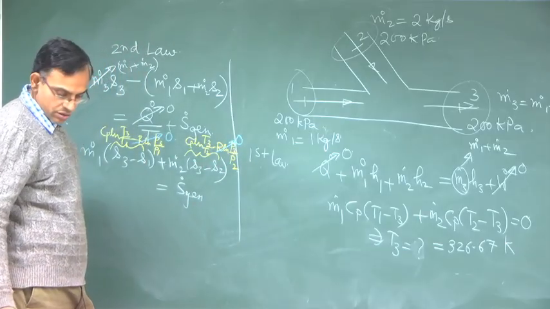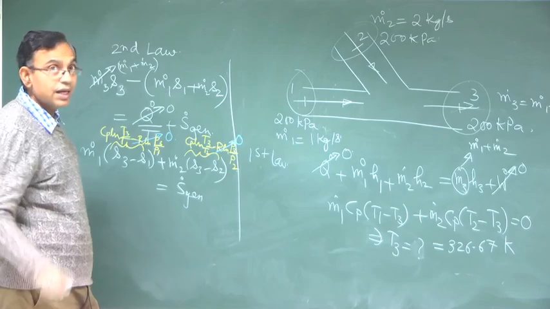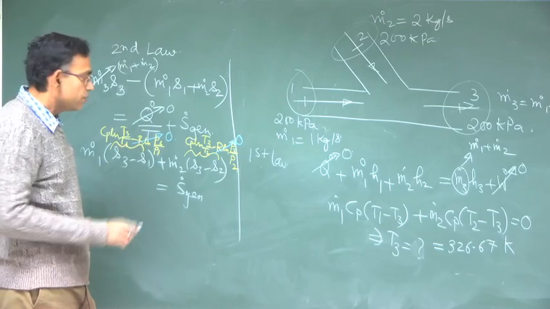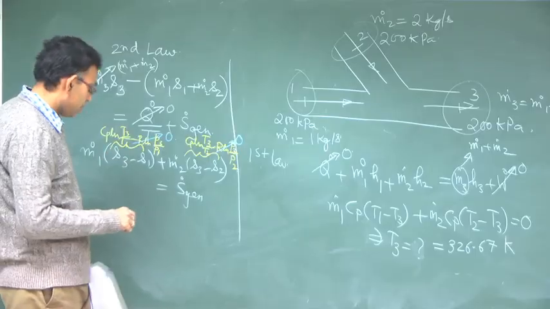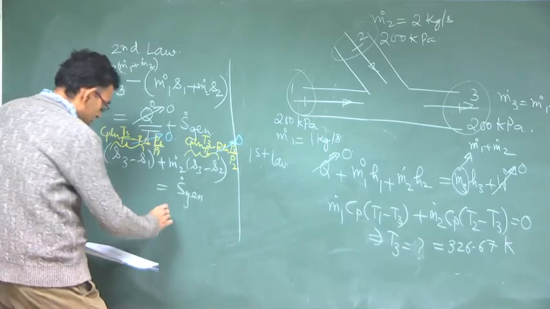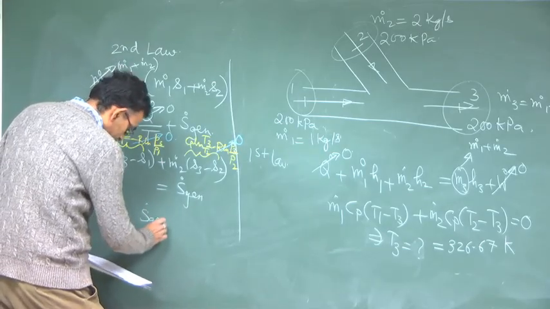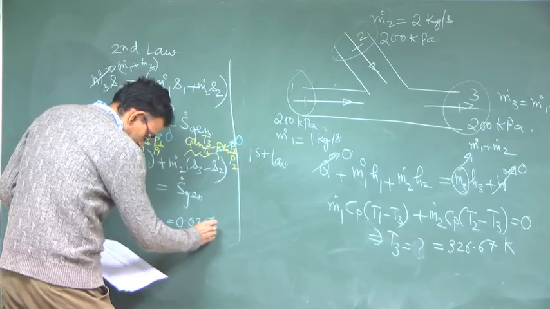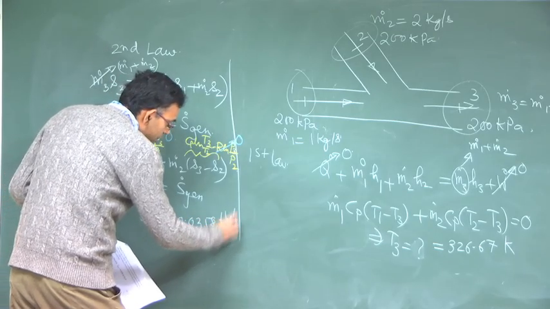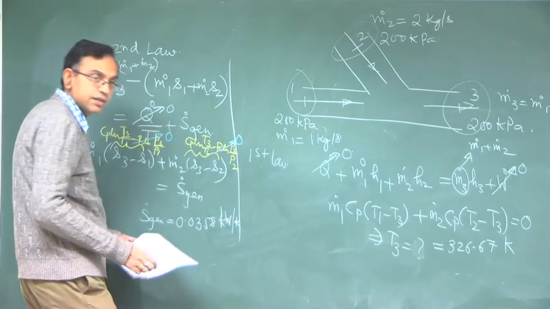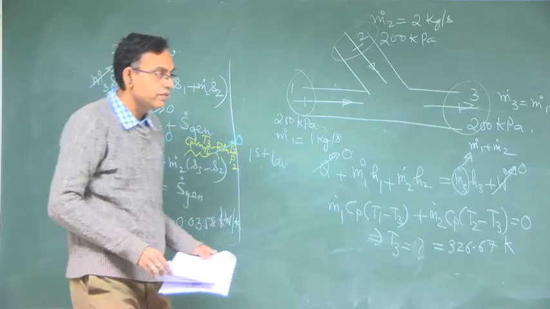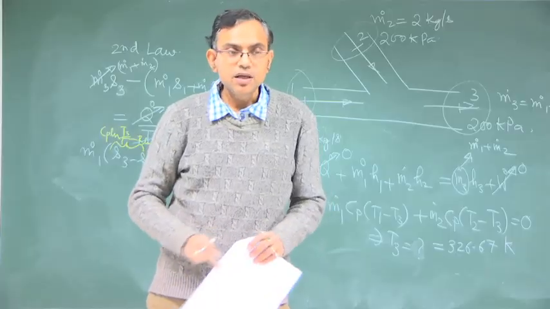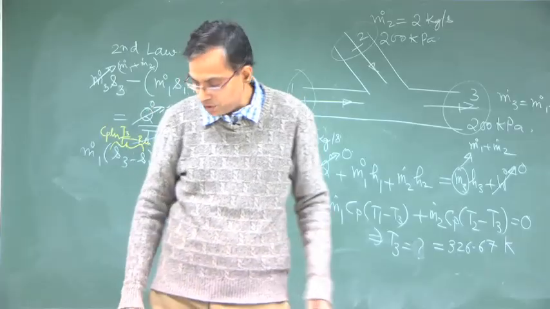Temperatures are known. Again I am repeating, all temperatures should be substituted in Kelvin. So, if you do that, you can calculate the entropy generation rate, which is 0.0358 kilowatt per Kelvin. This is a rate, so kilowatt per Kelvin. We will work out one more problem in this lecture before we stop.